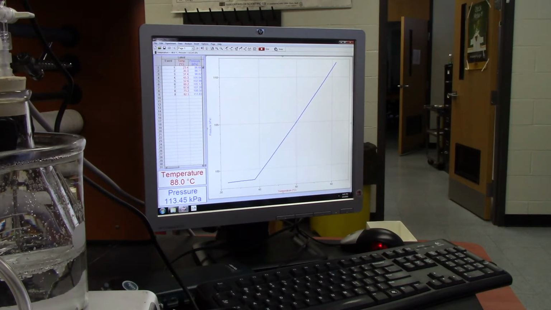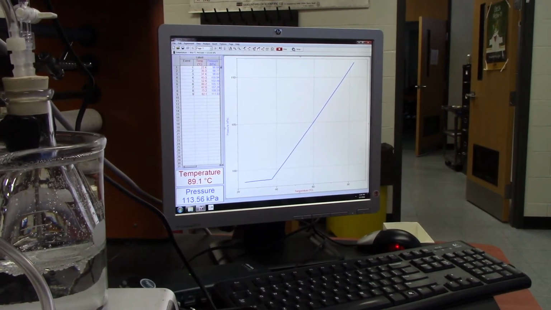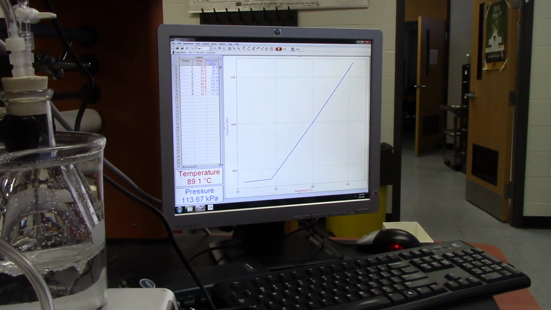I hope this is recording. And I can hear the water starting to boil. So the temperature of the water and the air is the same as the temperature of the flask for the most part. There might be a slight difference.